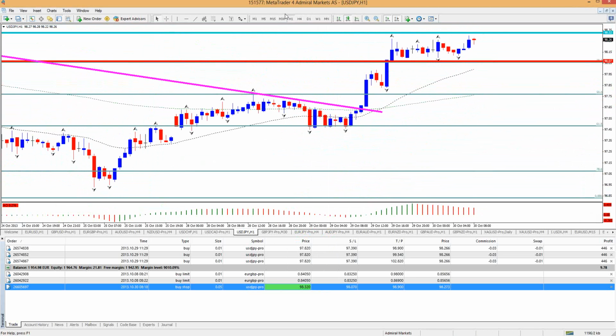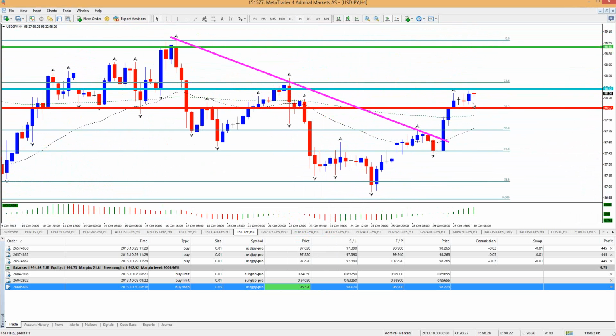I think the former one should be safe, but this is maybe just a tad safer because then we're using this shelf here as protection for the trade instead of putting it at the bottom of that shelf, which I'm not sure how much really matters in this case if it does break to the upside. In any case, the target would make it 2.3 to 1, which is decent enough reward to risk in my book, so that's fine as well. So that's the idea.